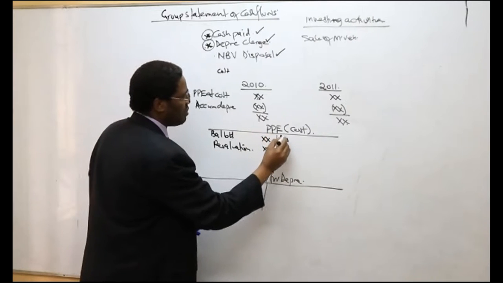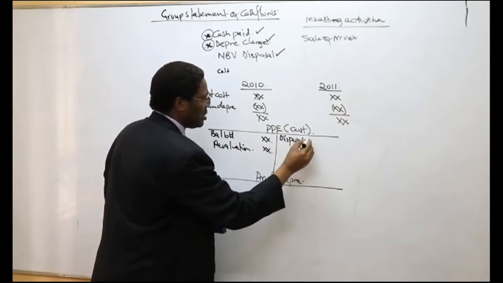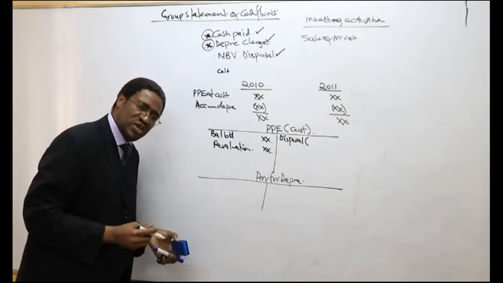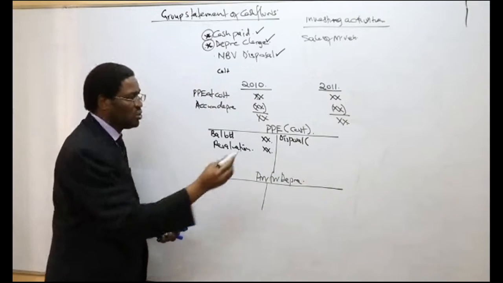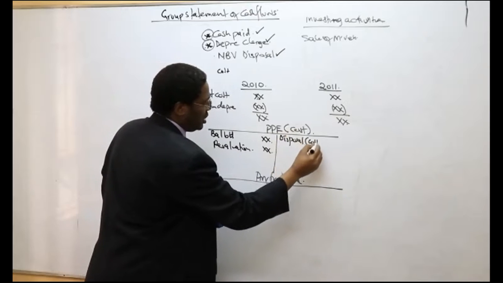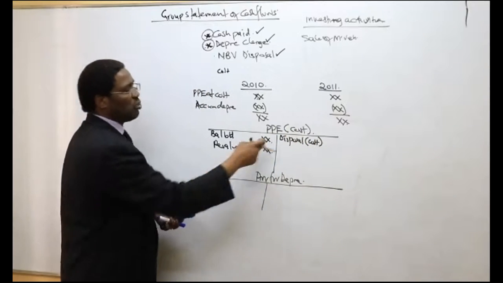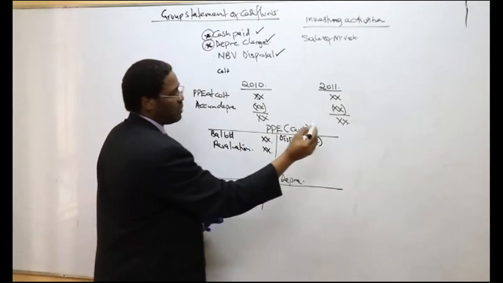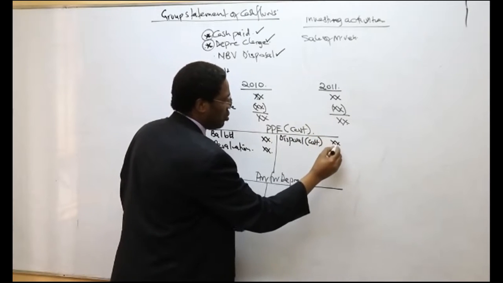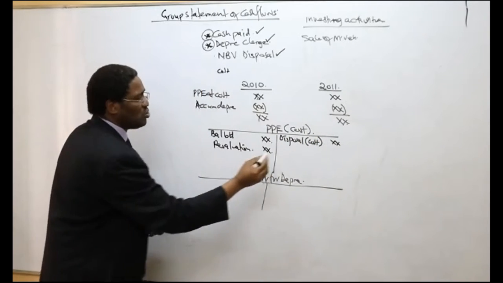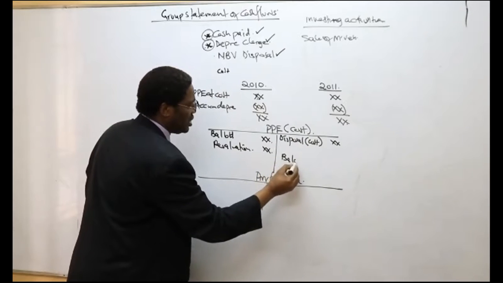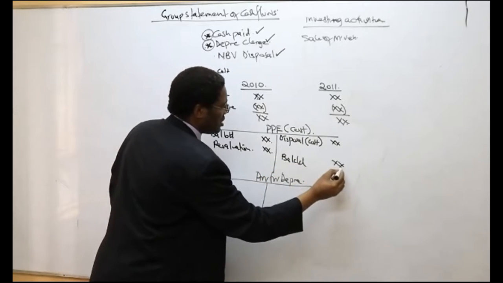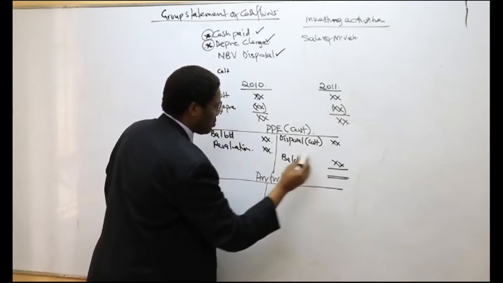But the emphasis again is, remove it now, not at book value, remove it at cost. Initially, in the previous illustration, we removed it at book value. But now that we are maintaining the account at cost, remove it at cost. Then you carry down the balance by the end of the year from the balance sheet, whatever you are given, find out the cost by the end of the year.